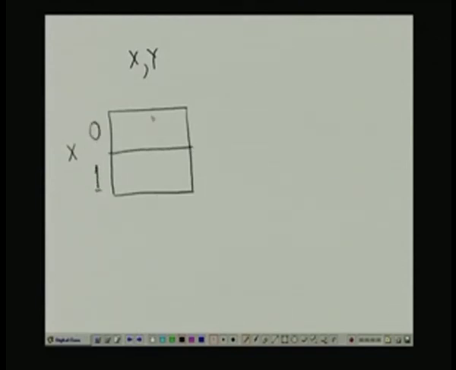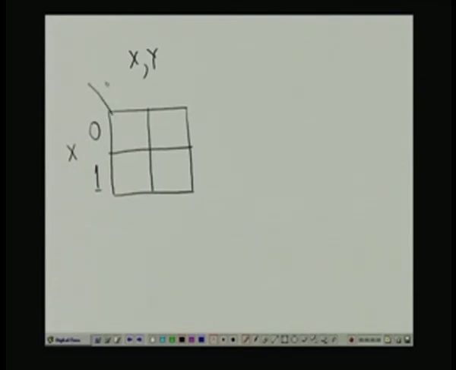Say it is a 2 variable function, x and y. How are we writing the Karnaugh maps? Because x can take 2 values, either 0 or 1, similarly y can take 0 and 1.